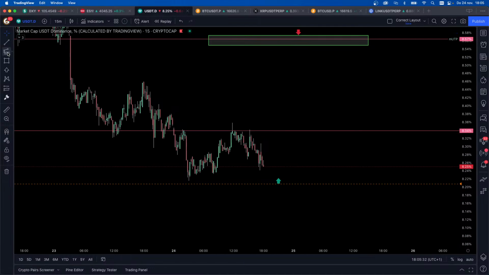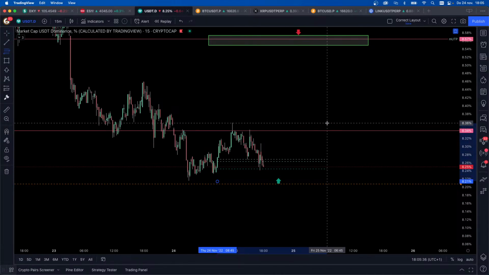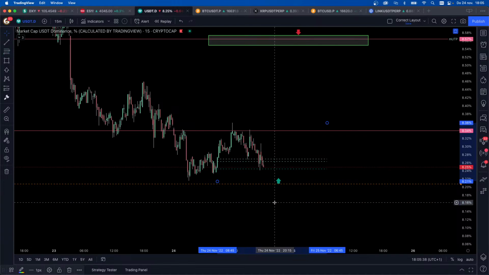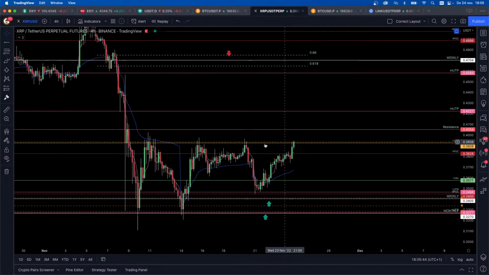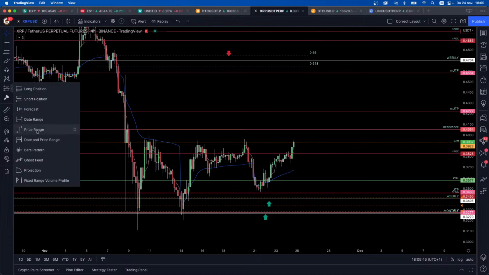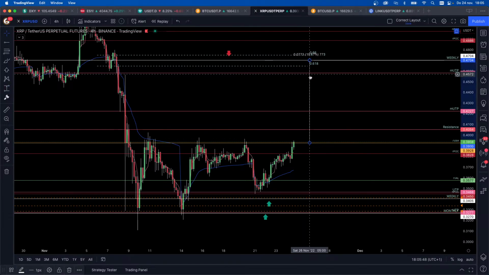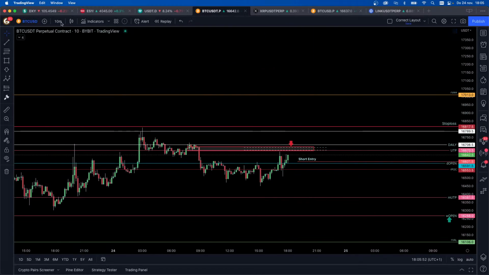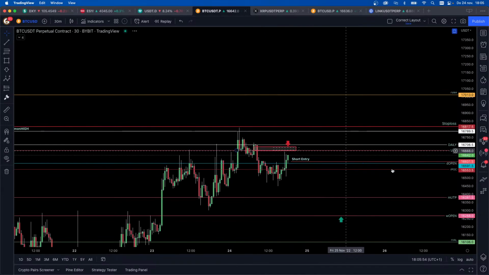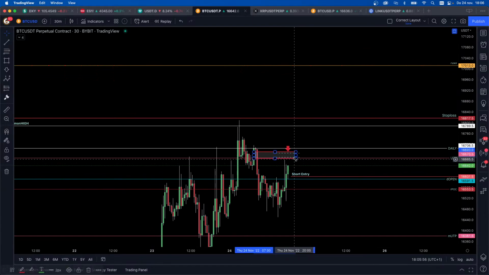If this doesn't hold, then I will most likely cut it and look for longs. I think XRP could hit that weekly then. This could actually break out as well. I don't think that we are going to be going lower here.